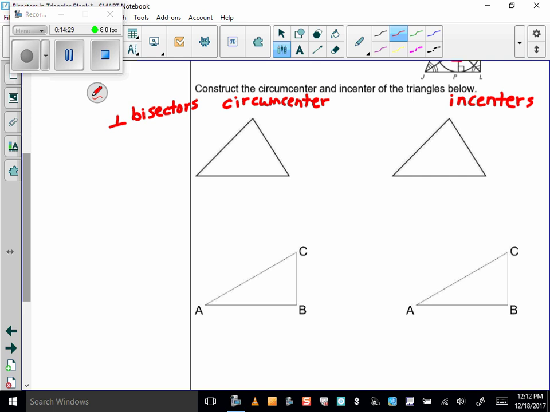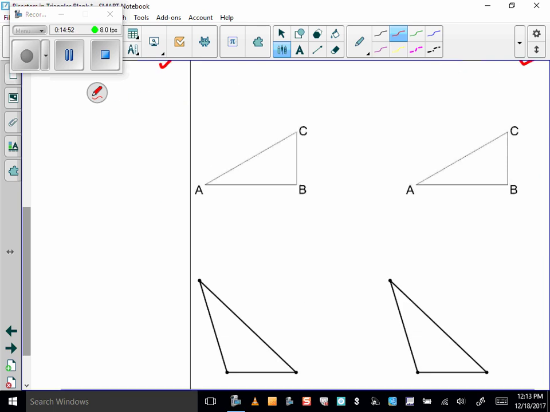The incenter is angle bisectors. And of course, if you do a good job, all those bisectors for each triangle are going to intersect at your circumcenters on this side and your incenters on this side. And you better do these because I am going to check them at the beginning of the next class.